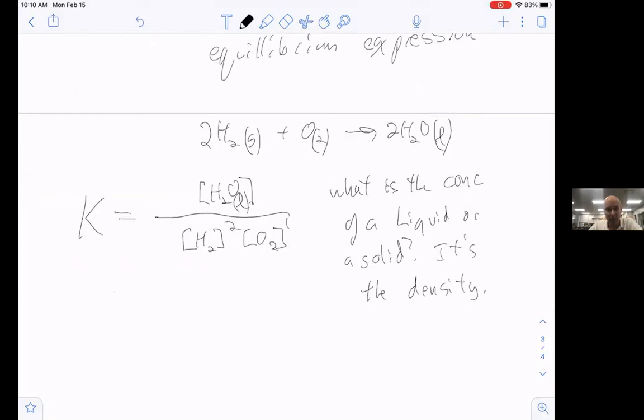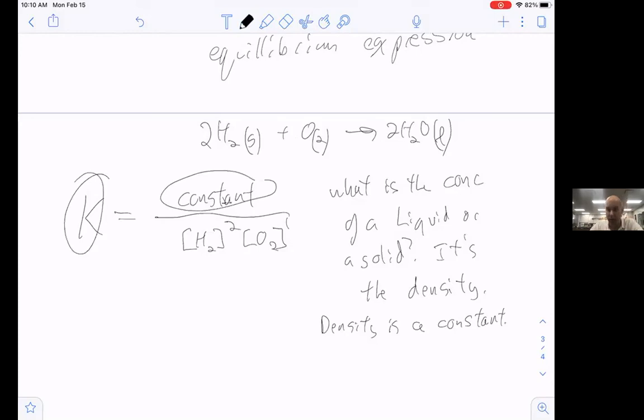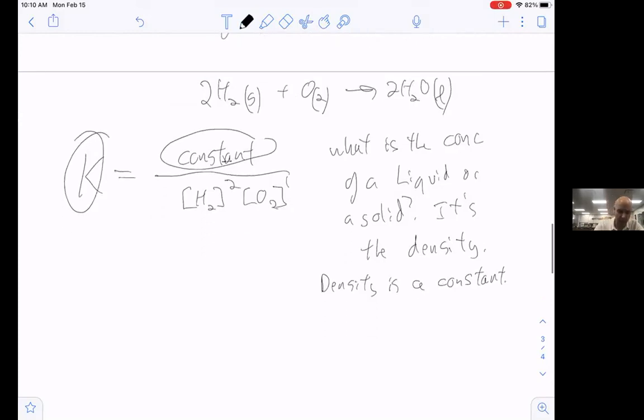And the density, more or less, is a constant. So if the concentration of a liquid or a solid is their density, and the density is a constant, why would I have two constants in an equation? I could just combine these two constants together, because a constant and a constant just gives me a constant.